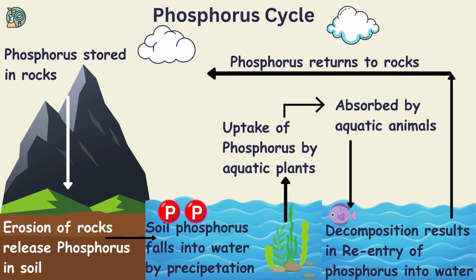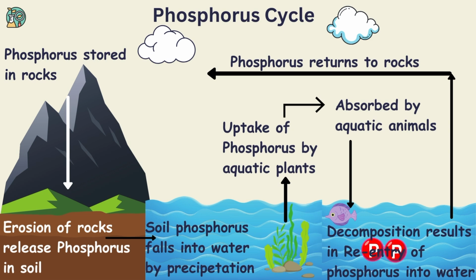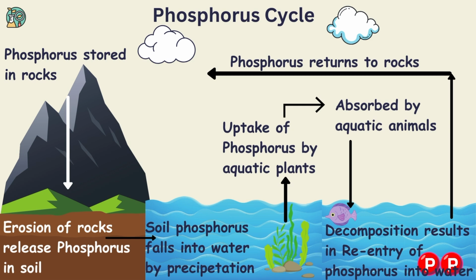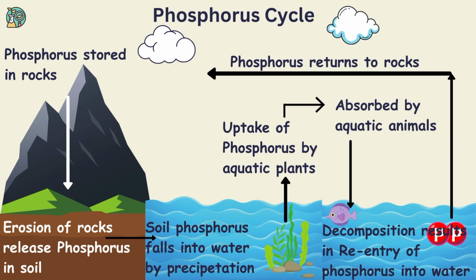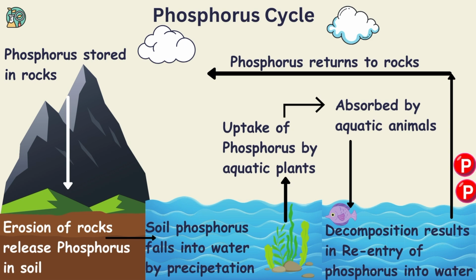This process is the second stage of the phosphorus cycle. After that, the aquatic animals eat these plants and thus the phosphorus gets absorbed by the aquatic animal. Then this phosphorus re-enters into the water by decomposition of animal and plant. And finally, this phosphorus returns to rock by the sedimentation process.